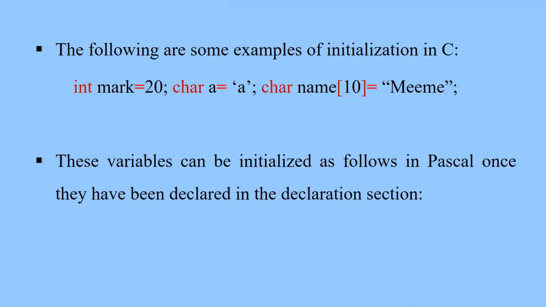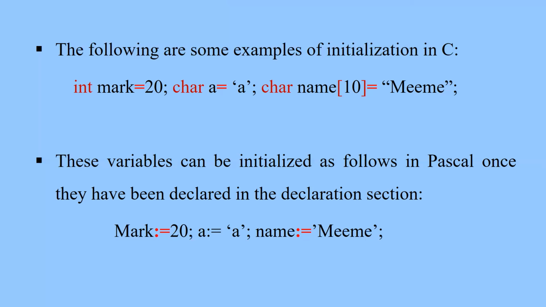These variables can be initialized as follows in Pascal once they have been declared in the declaration section. So this is how we do it. After you have declared int mark, char A, or string name, then mark 20.